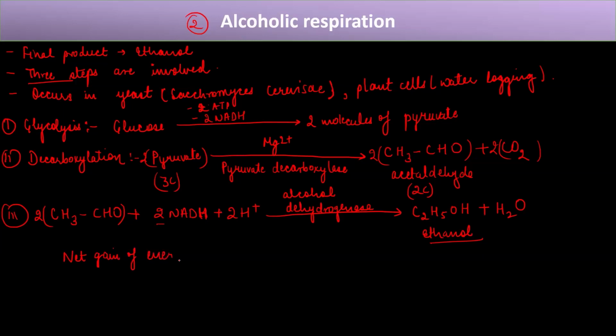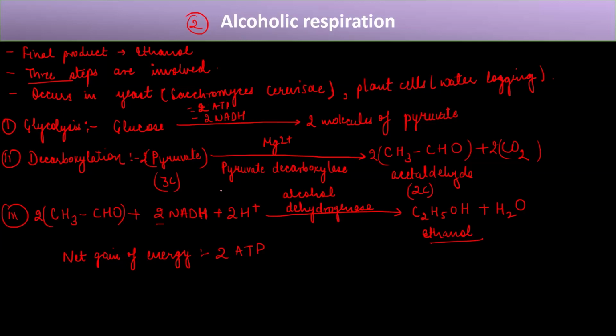Throughout the reaction, 2 ATP were formed during the glycolysis and 2 NADH were formed, right? No ATP is consumed in the subsequent steps, which means the net ATP will be 2. Can we say the similar thing about the NADH?